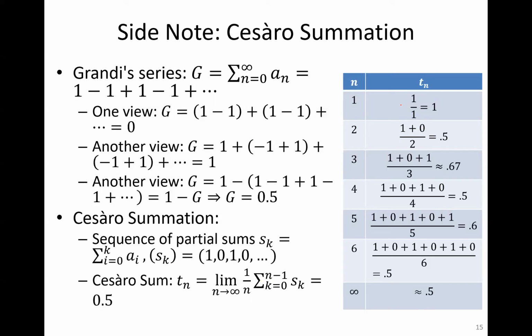If n equals 1, the partial sum is 1 divided by 1. If it's 2, it's 1 plus 0 divided by 2. If it's 3, it's 2 over 3, and then 4, 5, and 6.